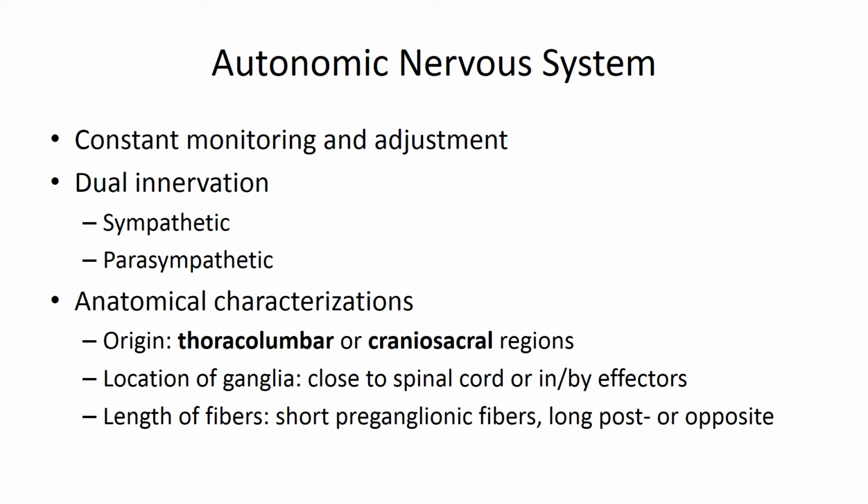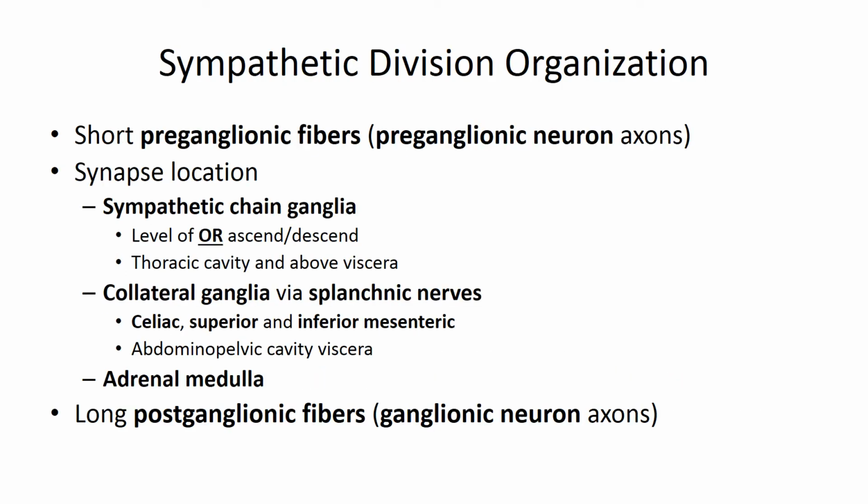The location of their ganglia. Parasympathetic is located in the visceral effector organ or near it. Sympathetic is located near the spinal cord in a chain of ganglia called the sympathetic trunk. And here are some of those characteristics for the sympathetic division.